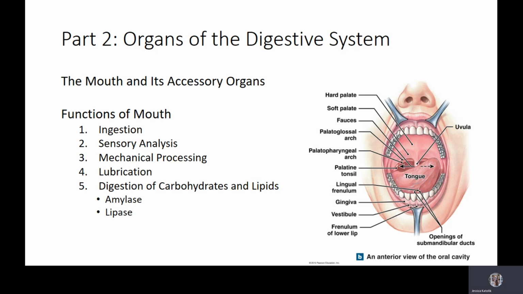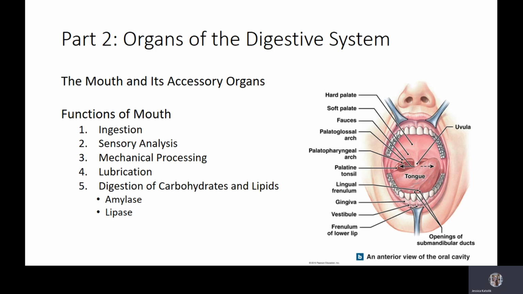Lastly, the mouth is going to start digestion. So the chemical breakdown of food is actually going to start in the mouth. And it's going to primarily focus on the digestion of carbohydrates and lipids. So carbohydrates would be things such as sugars and starch, and lipids would be different types of fats and oils that would be found in the food.